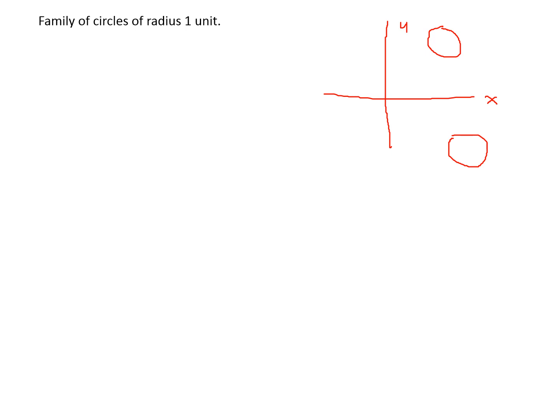Now if the radius is 1 unit, and the center could be anywhere, the center could be at (h, k).